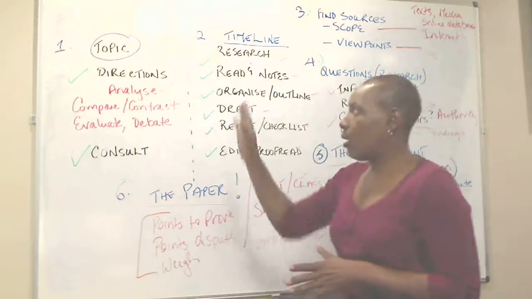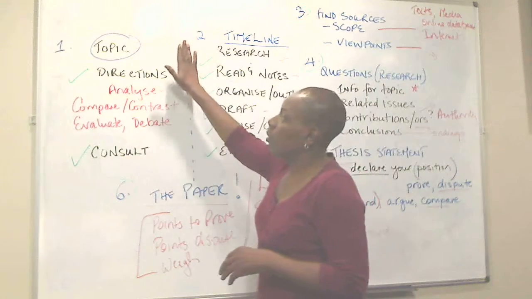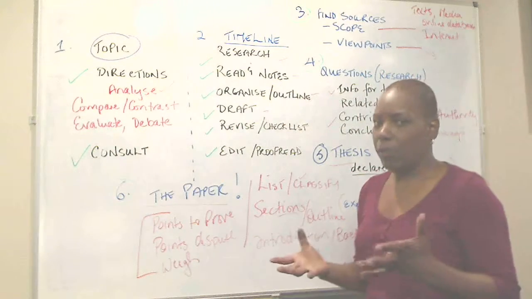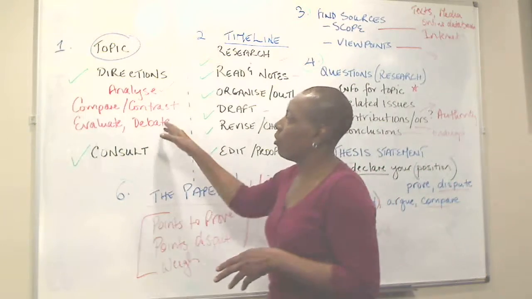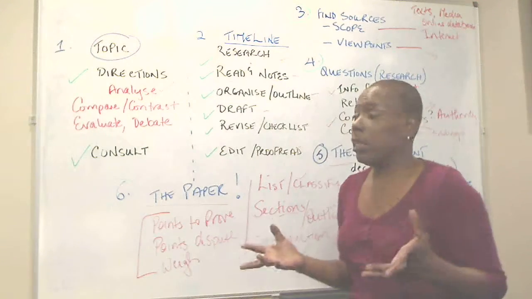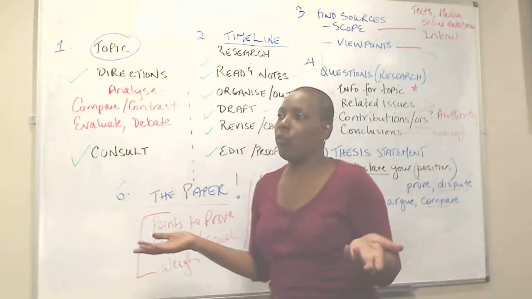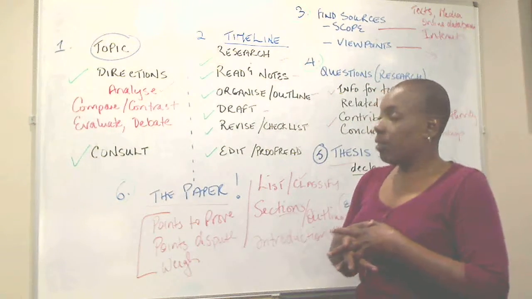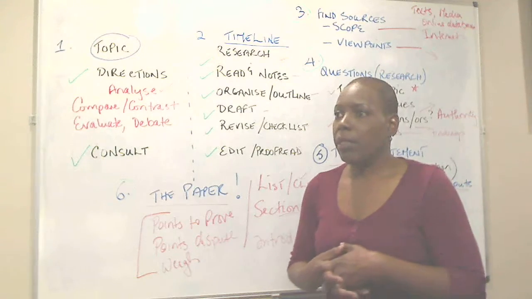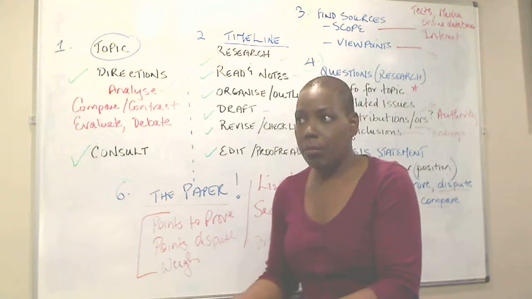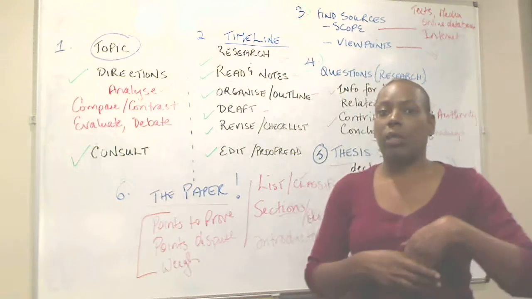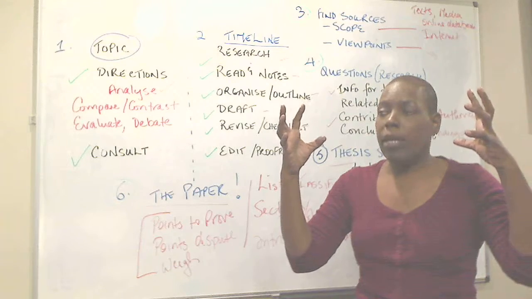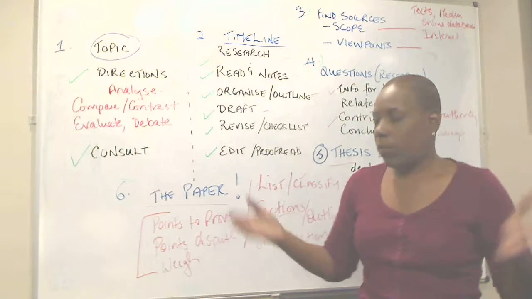So we start with one. The topic is the impact of legalization of marijuana. That is a broad topic. What is the direction? Perhaps you might be looking at compare and contrast. The compare and contrast may look at instances where there might have been an increase in crime or an increase in marijuana trade, whatever the outcomes.